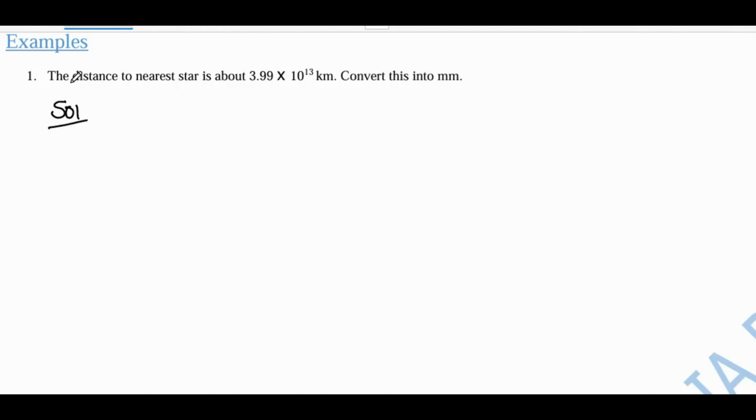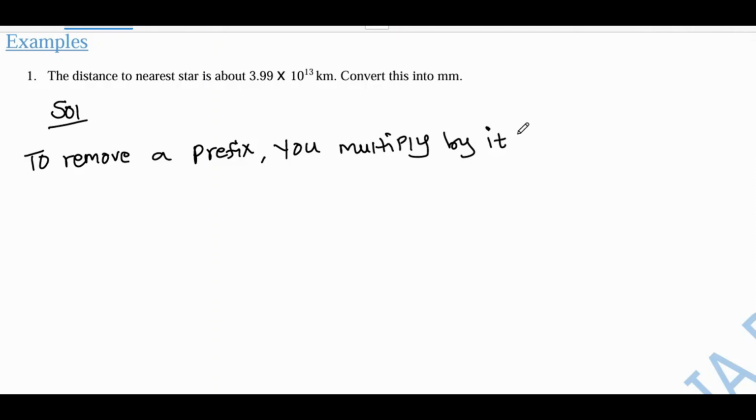And I start by making it clear that to remove a prefix, you multiply by its factor.